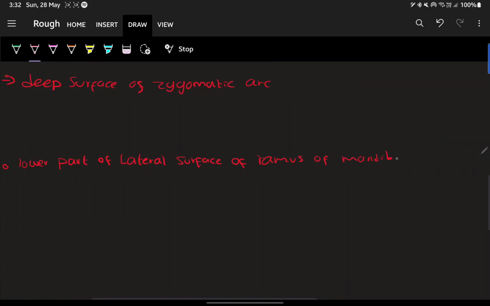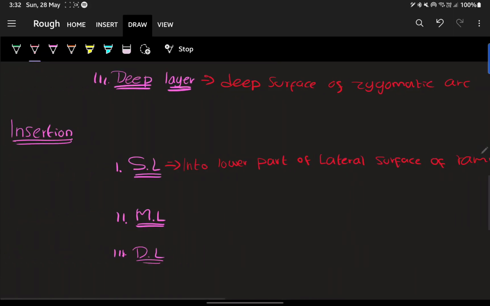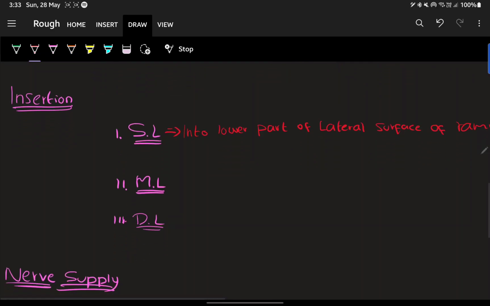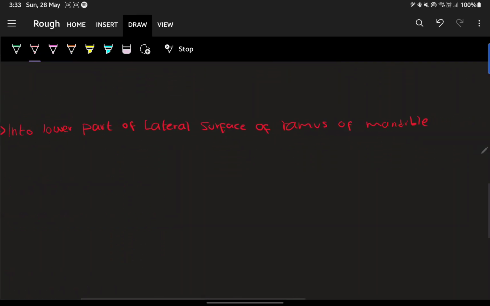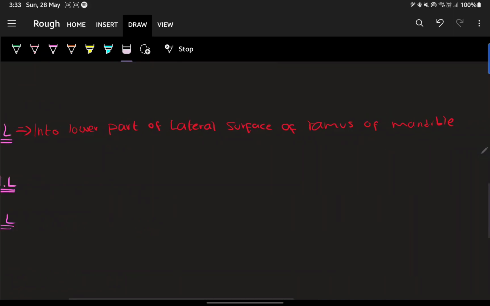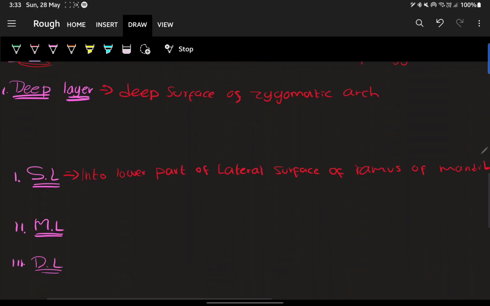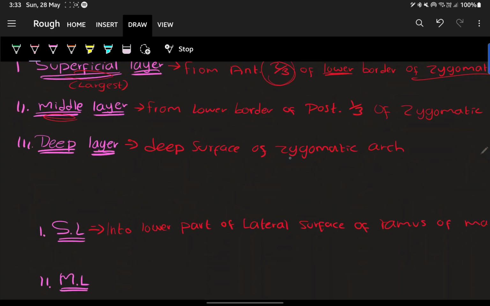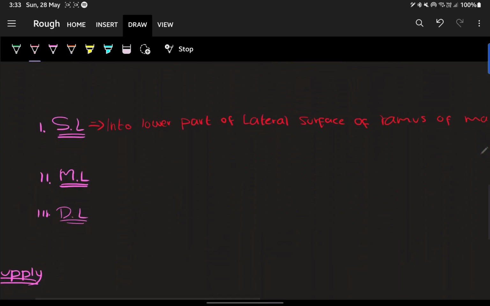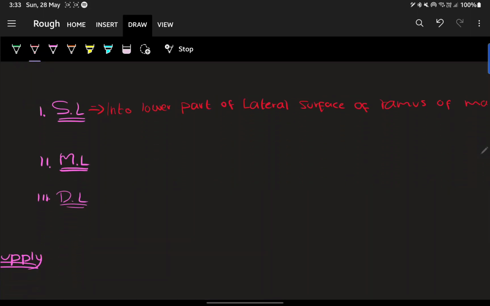It's common sense. These muscles act on the mandible to move the mouth. That's why they're called muscles of mastication. So they will all be attached to the mandible. That's one common thing in masseter muscle. And the origin, the common thing is the zygomatic arch, and insertion, the common thing is mandible.